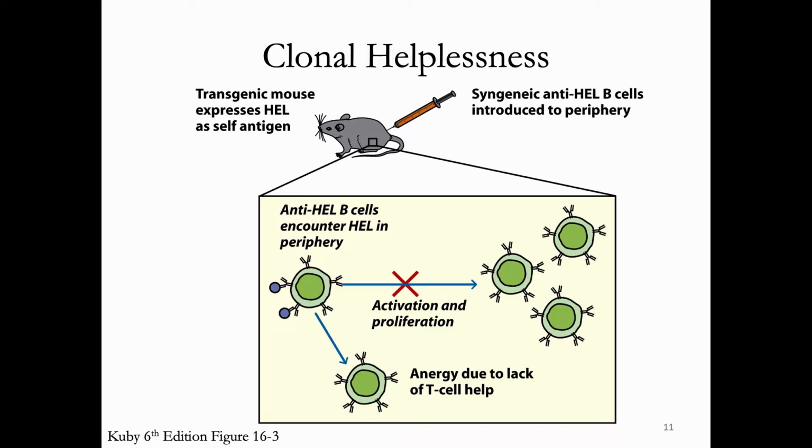Because we have such a nice system of doing T cell central tolerance, that actually helps us out with B cells, because we don't have the T cells around to help the B cells. And so that allows helplessness to work well as a mechanism. What you will notice on this one is it's something you already learned.